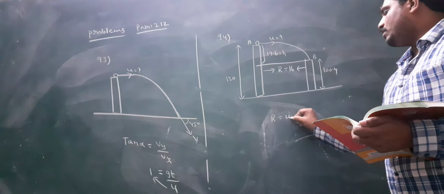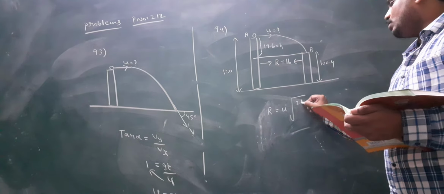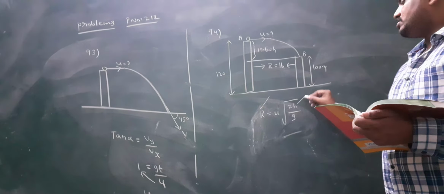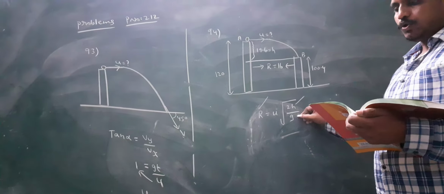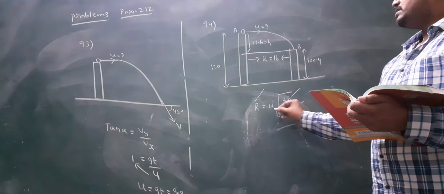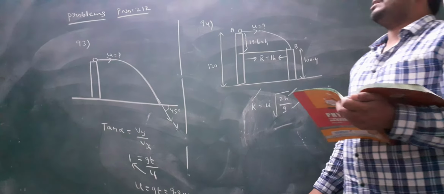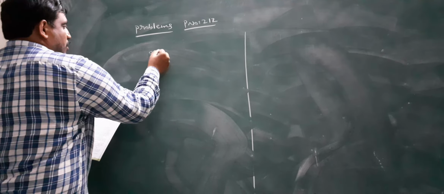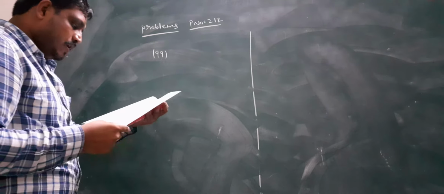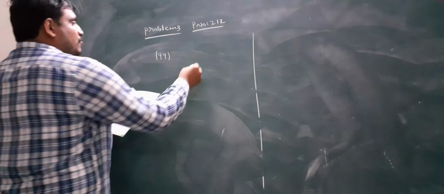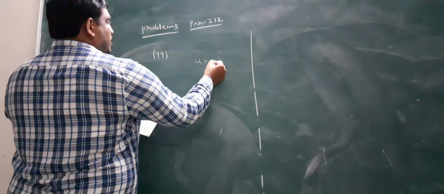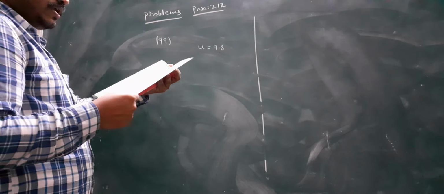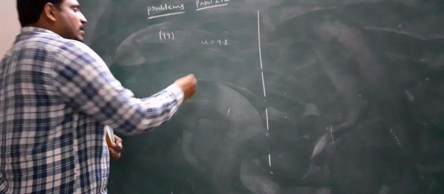Simply, the range formula is U under root 2h by g. R is given, h is given, and the g value we know is 9.8. Substitute, and finally we get the U value. Keyword in the problem: the initial velocity is given as 9.8.